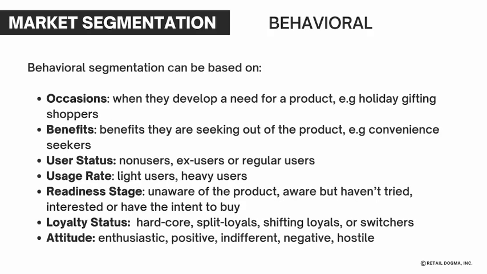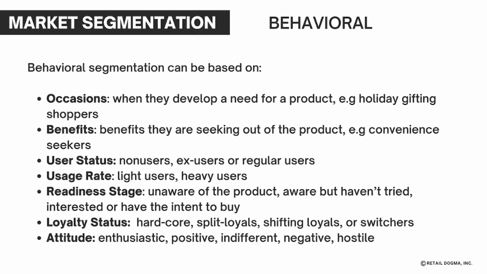Behavioral segmentation divides buyers based on their knowledge of the product and their response or attitude towards it. Such segmentation could be based on many different factors, such as benefits. Users could be segmented based on what benefits they are seeking out of the product. User status, whether they are non-users, ex-users, or regular users.